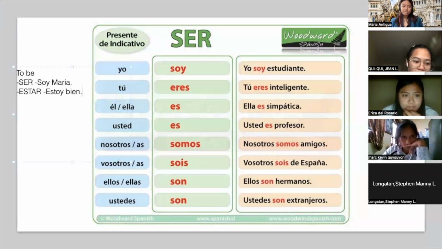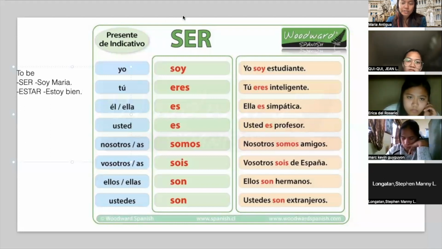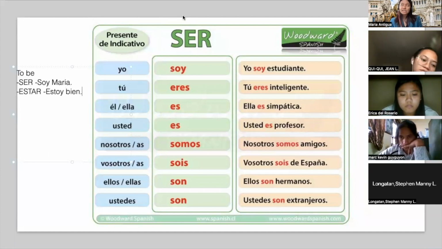Estoy bien. You remember? Estoy and soy. So, dalawa yan. When you were talking about feelings, how are we? Then we use estar because it is changing, no? It's temporary. So, feelings can be temporary, feelings can change, so you use estar. Estoy bien, estoy mal, I'm bad, these feelings.